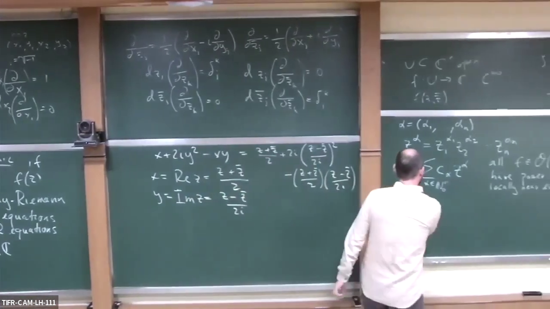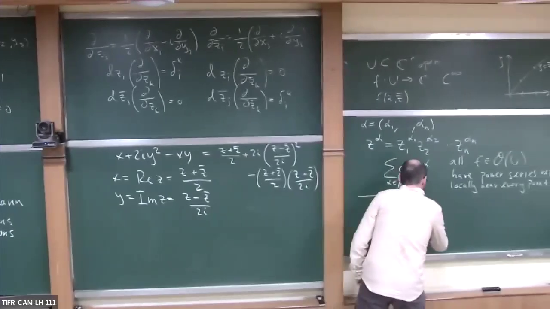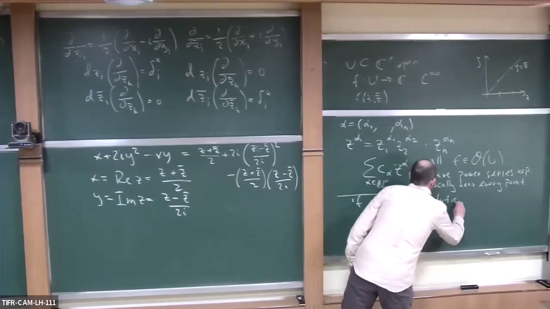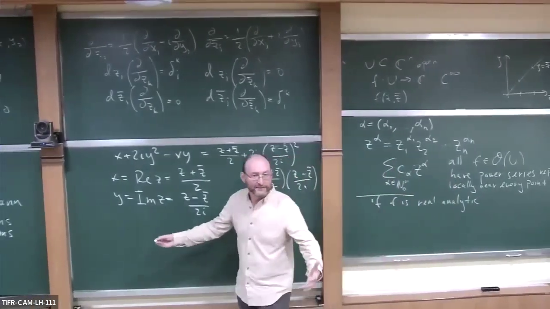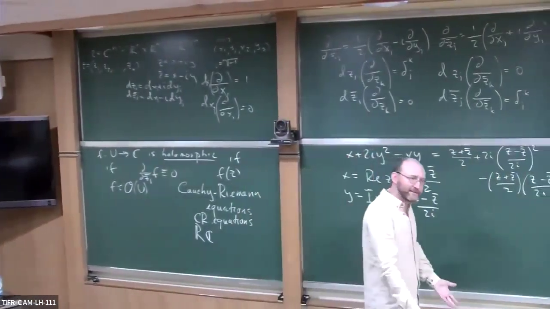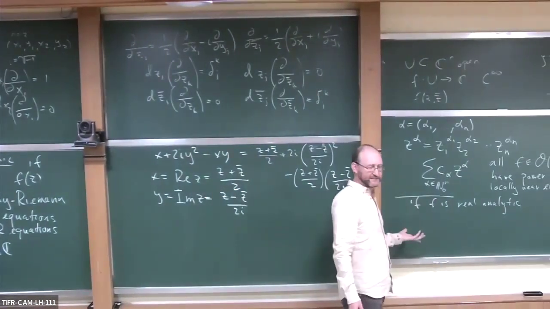So if f is real analytic, normally it would mean it has a power series in X and Y near every point. The way that we really want to think of it is as a power series not in Z alone, but in Z and Z bar.